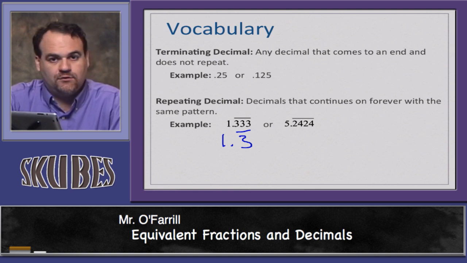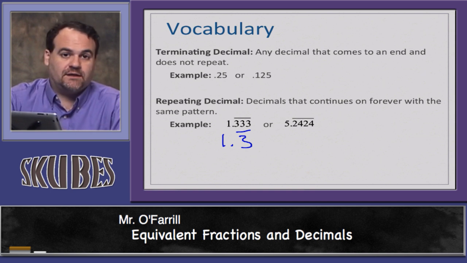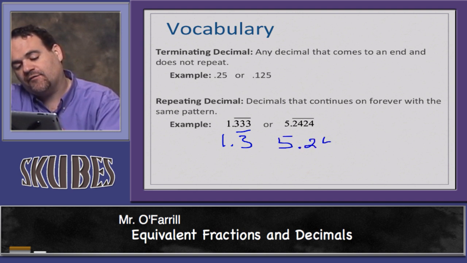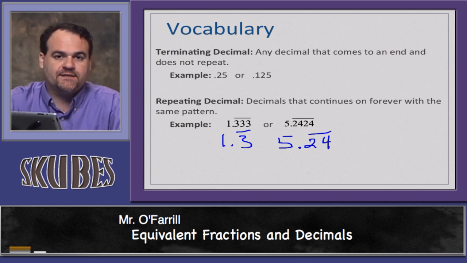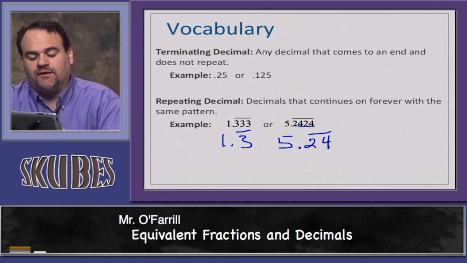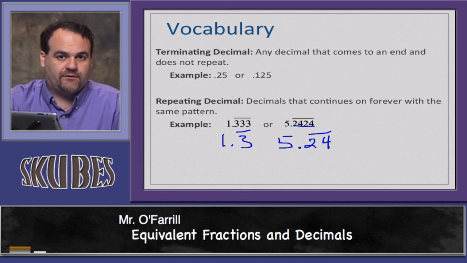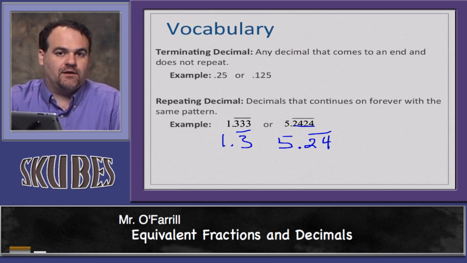It's 2, 4, 2, 4, 2, 4, 2, 4, 2, 4, which, again, we could have rewritten, since it is only a 2-number pattern, as 5.24 repeating. Point is, it doesn't matter how many numbers you have here, but if there is a pattern and it repeats, then that's how far you have to go to do the bar.